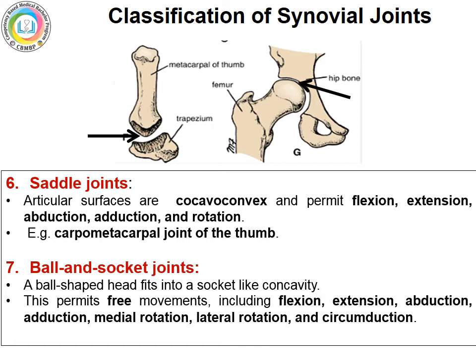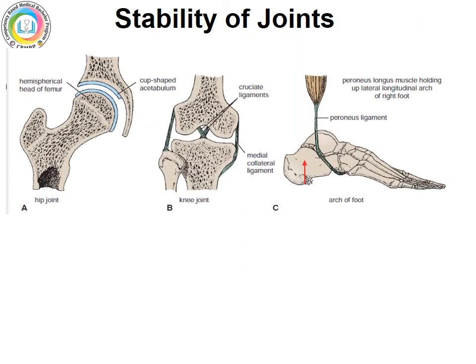We study this movement in the anatomical terminology lecture. The example is hip and shoulder joint. This is called ball and socket. The ball-shaped head fits in a cup-shaped concavity.